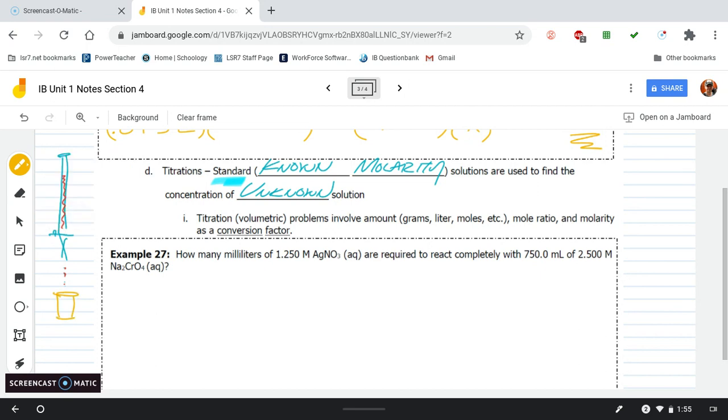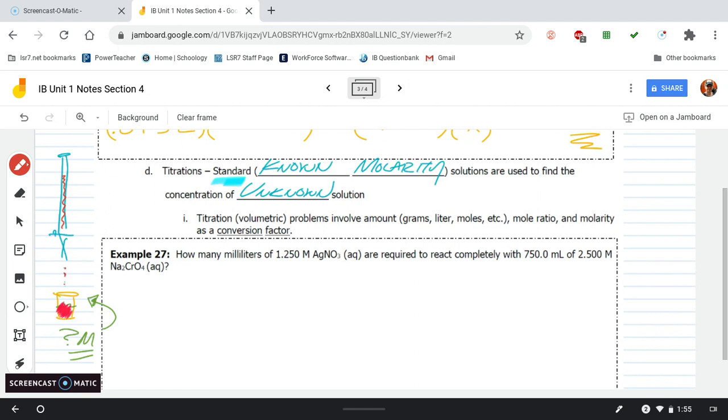And in the container, we would have a chemical, but we wouldn't know what the molarity is. And so what happens is we drop these drops in, and we're looking for a color change. The color change is going to signify that we had a chemical change, and that basically the pH has shifted. And so when it changes to, let's say, pink, even though it's not pink, when it changes colors, then you would stop because you've hit what's called the equivalence point. But you don't need to know any of that.